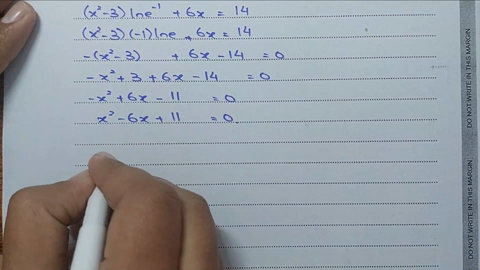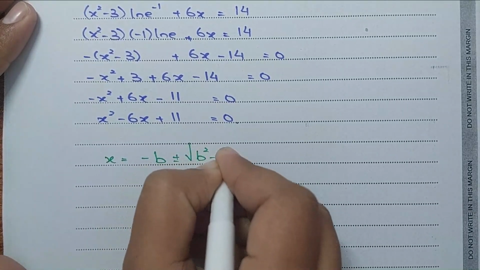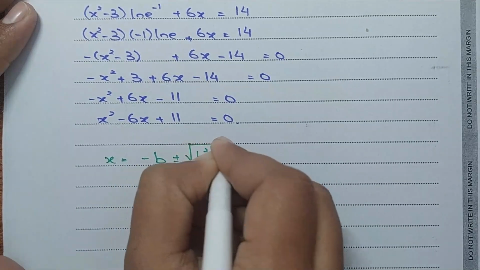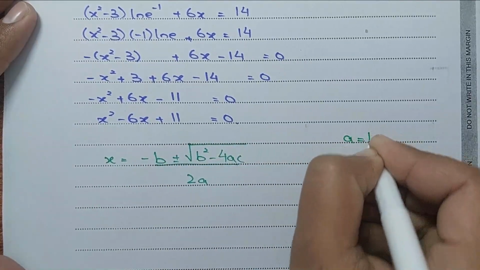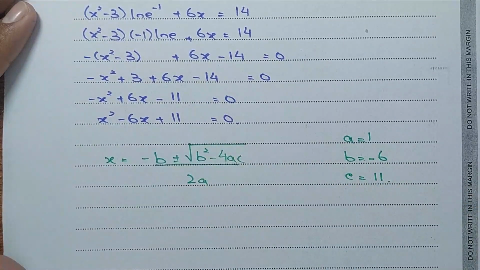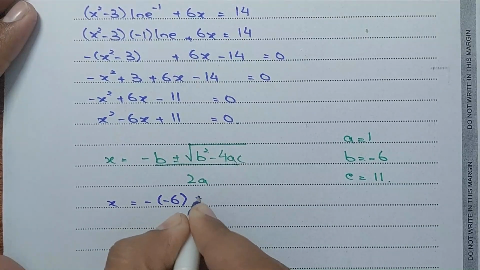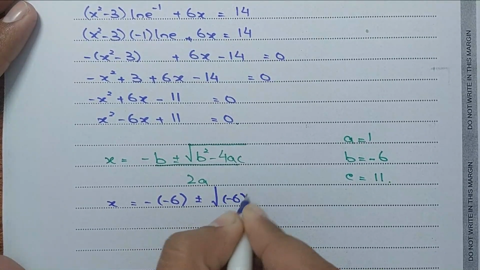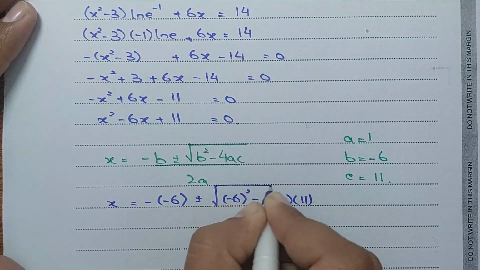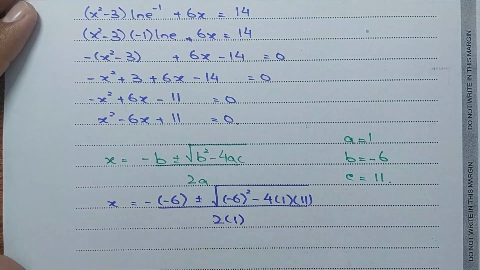So we have to use the quadratic formula: x equals minus b plus minus square root of b square minus 4ac, divided by 2a. Okay, where is a, b, c? A is the coefficient of x square, b is the coefficient of x, and c is the constant. Now x would be equal to negative of b plus minus square root of b square minus 4ac, divided by 2 times a, where a is just 1.